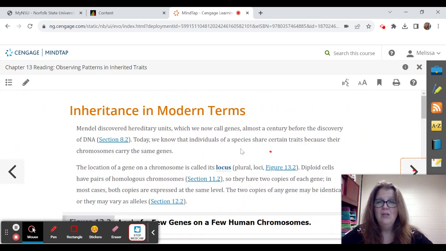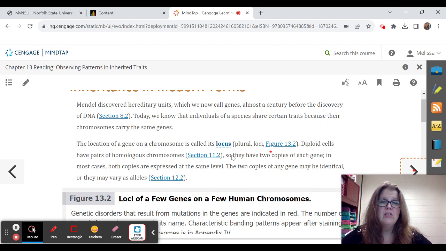So he discovered these hereditary units, which we call genes. And if you remember, we talked about genes before. We said genes are a section of DNA that code for a protein. I know I super simplified before when I said genetics really comes down to the proteins that are and are not made.